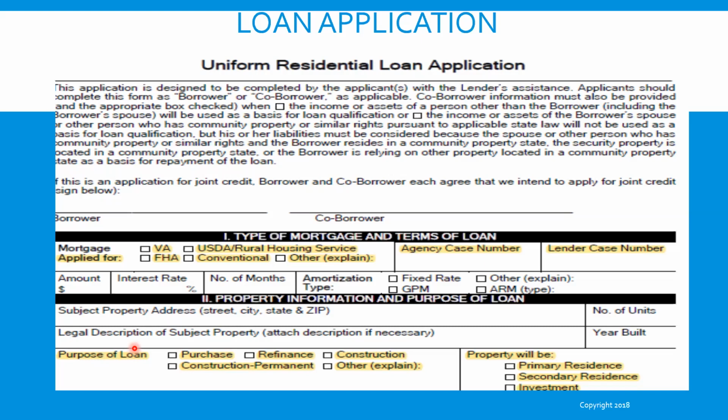Sometimes I've seen where there may be something within the application. Let's say it's the year that they bought the home, for instance. If they say, well, that's wrong, then they can just cross through that. It doesn't matter to the process, because again, the process is over once you get to that closing table.